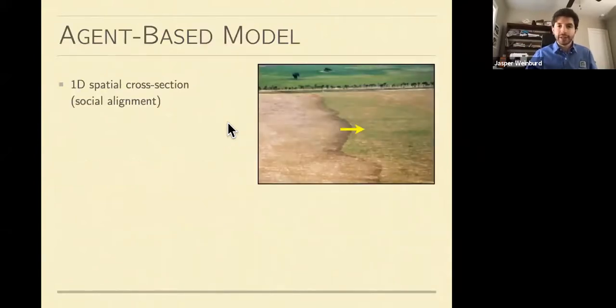Okay, so let me quickly introduce our agent-based model. We're looking at a one-dimensional cross-section. We think of this as employing that social alignment and including that implicitly in our model. So all these locusts are moving in the same direction anyway. Let's use a one-dimensional model.